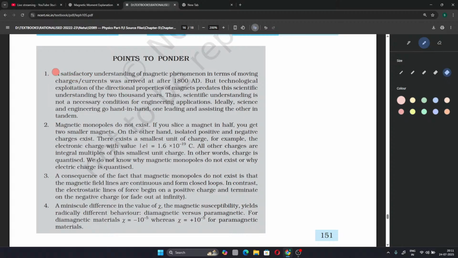Points to ponder: a satisfactory understanding of magnetic phenomena in terms of moving charges or currents was arrived at after 1800 AD, but technological exploitation of these directional properties of magnets predates this scientific understanding by 2000 years.